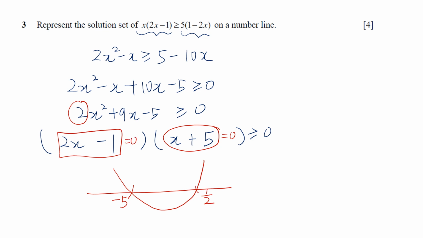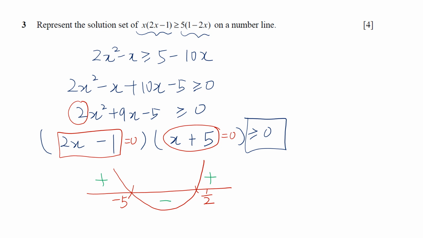Okay, then the next step is to look at the region that we're interested in. So above the x-axis is your positive region, below is your negative region. Go back to the original inequality. What we are interested in is the positive region, the plus region. So therefore the answer is always from the x-axis.